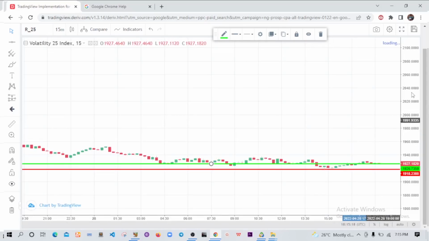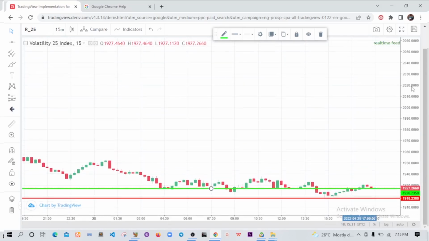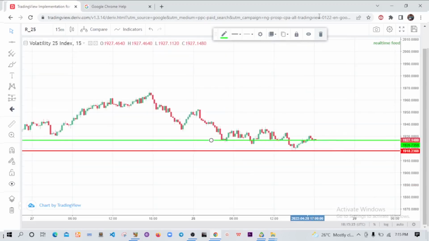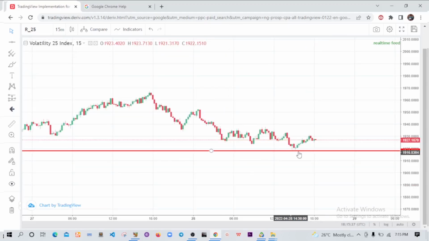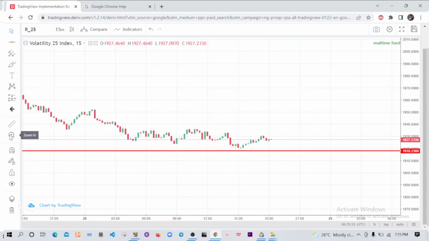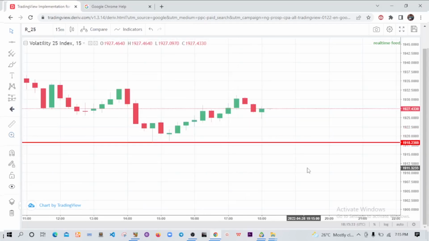So on 15 minutes time frame, you can see we had a bullish candlestick pattern at this point. You can see a doji at this point.